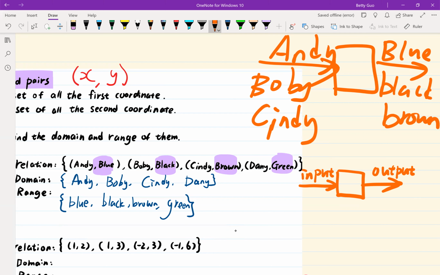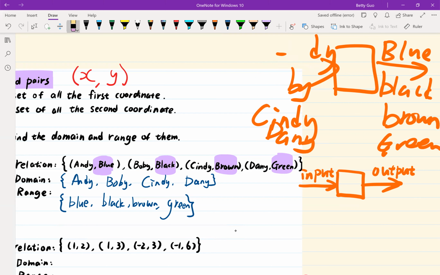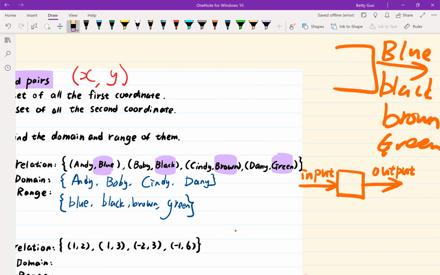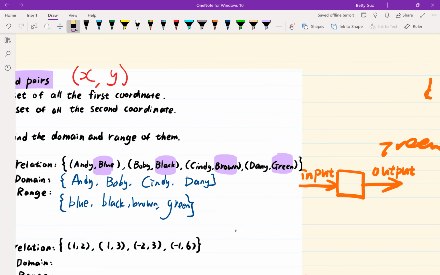If you type in Danny's name, the machine tells you it's green. Do you see we can describe the relation here as a machine? The inputs are the names of the people. Outputs are their eye colors. Does that make sense? It's very important.